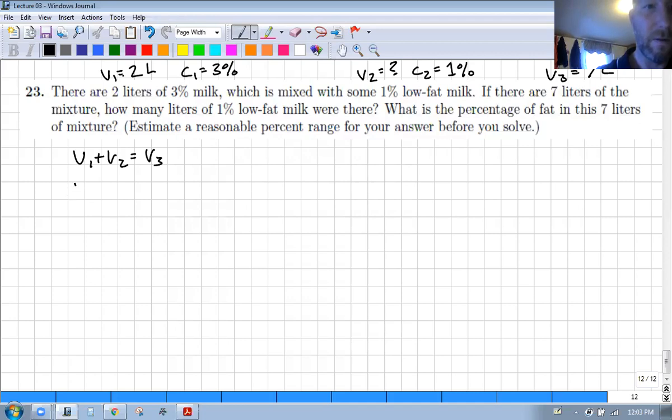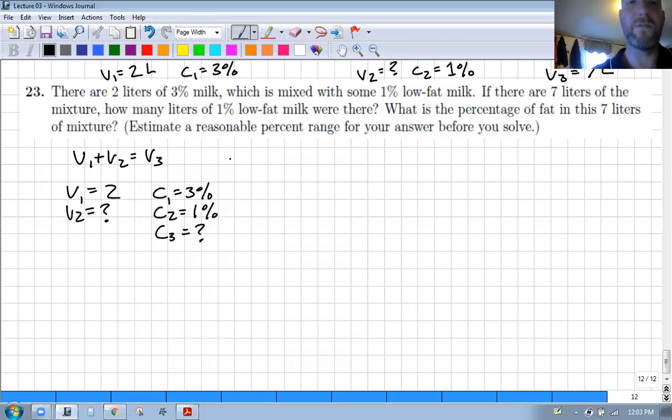We know that V1 is 2 liters, C1 is 3%, V2 is unknown, but C2 is 1%. C3 is unknown, but we know that volume 1 plus volume 2 equals volume 3.